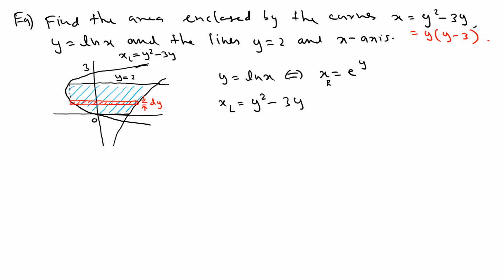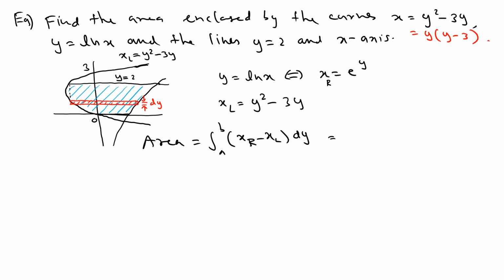We already know the limits, so we can write the integral. The area is simply the integral from a to b of the right curve minus the left curve, dy. You can see the thickness is in the y direction. Okay, now let's plug in.